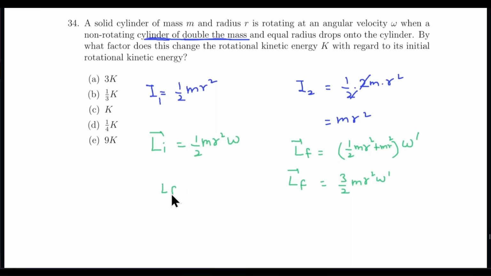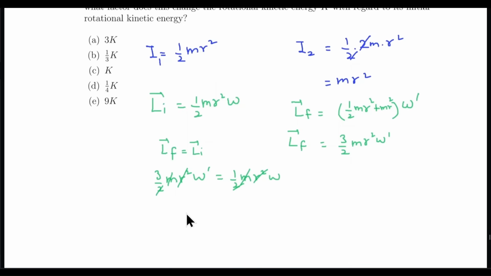So L final will be equal to L initial. 3 over 2 mr square omega dash will be equal to 1 half mr square omega. 2 gone, m gone, r square gone. So 3 omega dash is equal to omega, which means that omega dash is omega over 3.